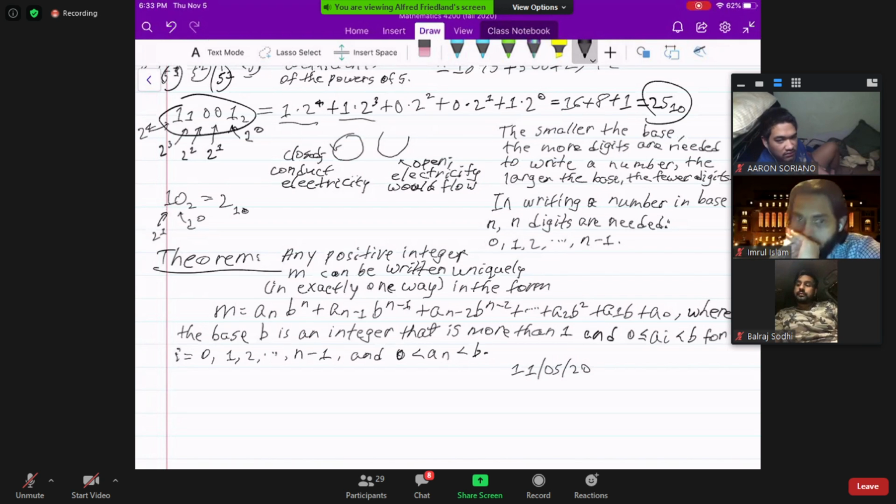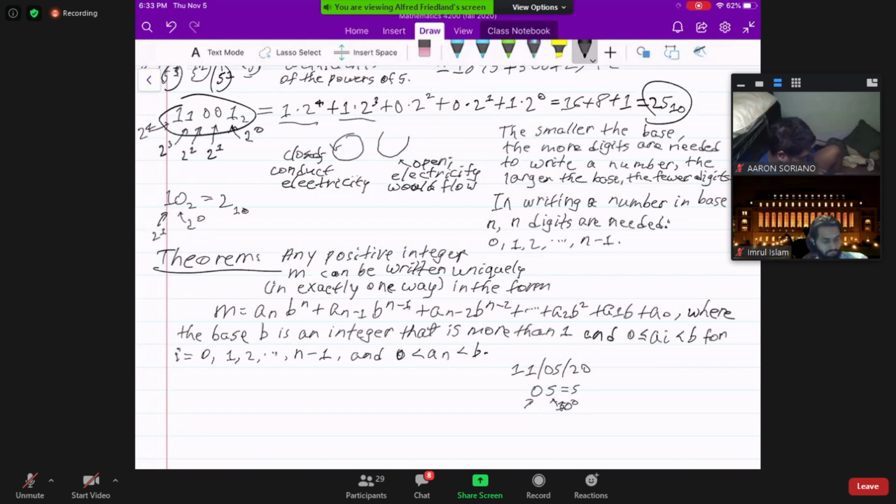I mean, it is true, you could say that 05 is, so this is 10 to the 0, the coefficient of 10 to the 0 in base 10 is the coefficient of 10 to the 1.